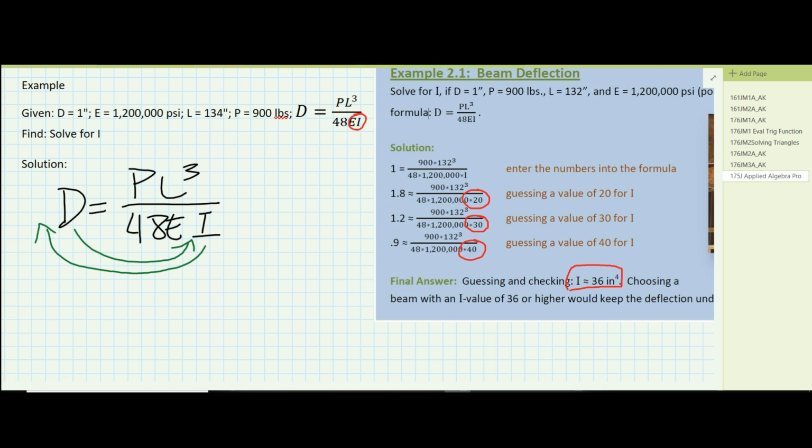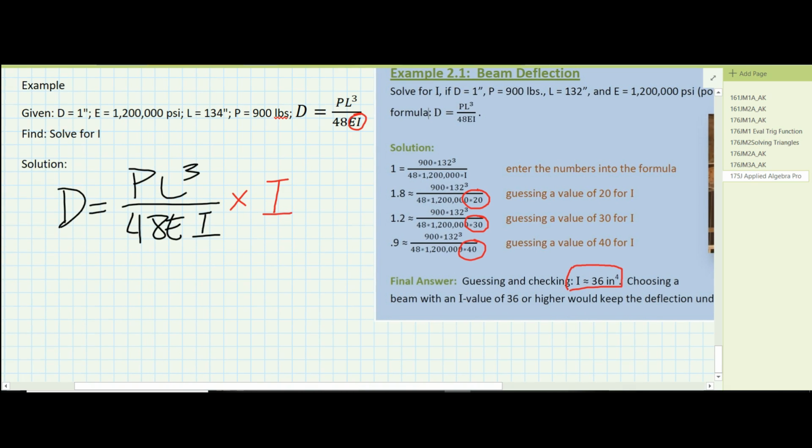Now, on the right side, it looks like I is being divided. So in order to get rid of it on the right side and move it to the left side, we would want to multiply by I on both sides. So we'd multiply the right side by I, and we would, sorry about that, we would multiply the left side by I. Both sides by I, so that the I's on the right side cancel out.